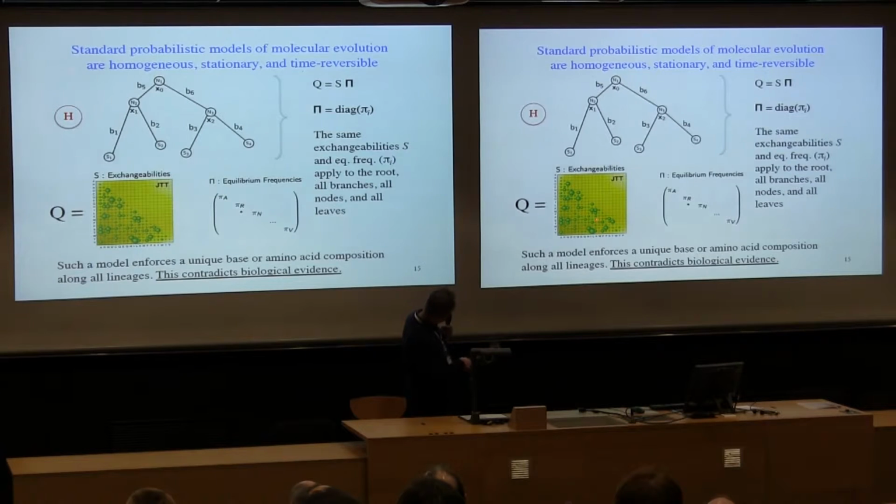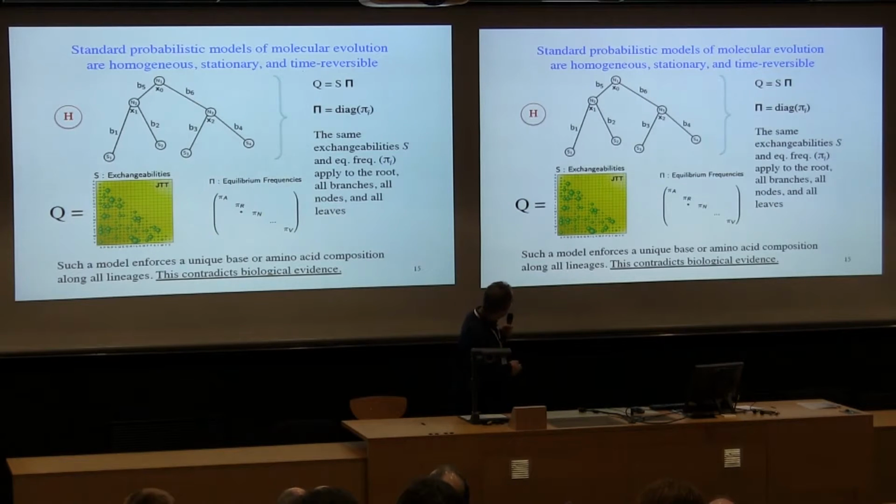So you have large dots that represent, for example, that leucine and valine are frequently exchanged in protein sequences. And these are equilibrium frequencies, so these represent the composition toward which any molecule evolves when evolutionary time accumulates.